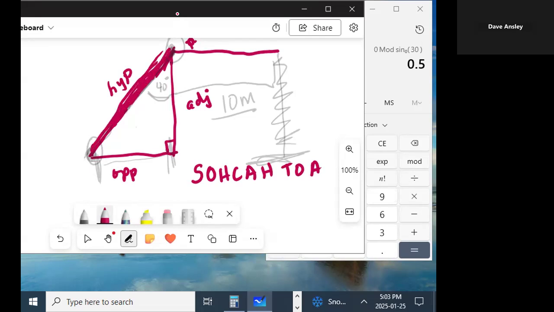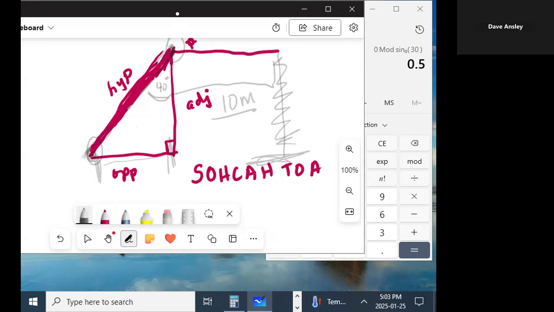You've got to buy a piece of cable. But wait a minute, we already know the adjacent. That's true, you do. What is the thing you want? What's the thing you've got to go out and buy?